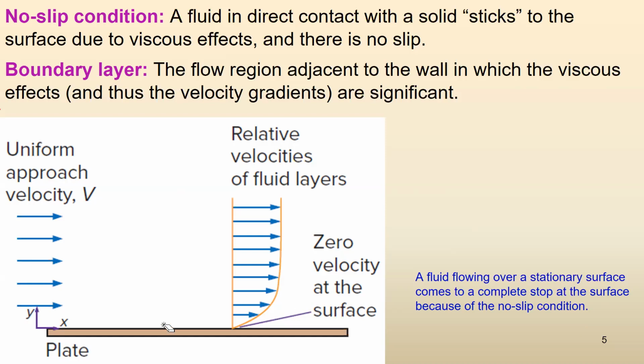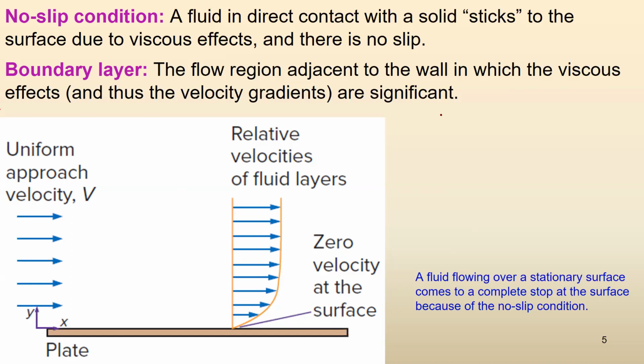Then from that fluid particle to the particles above the surface, we have advection and bulk motion. So the reason that I'm mentioning the no-slip condition here is that the fluid particles right on the surface do not move. They cannot move. So we have a conduction mechanism.